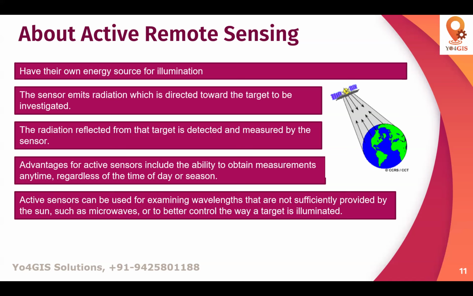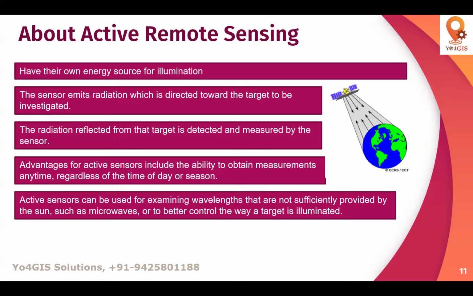Because in your camera you have the flash. So active remote sensing has its own energy source for illumination. Active sensors have their own energy source, so they can illuminate, read the reflected energy, and get the information.